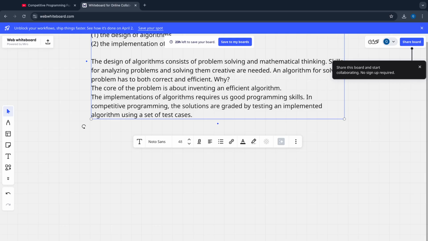So let's say you have to submit your file of code on a checking system, and the checking system will use multiple test cases to check whether your algorithm is correct and efficient as well. Remember that.